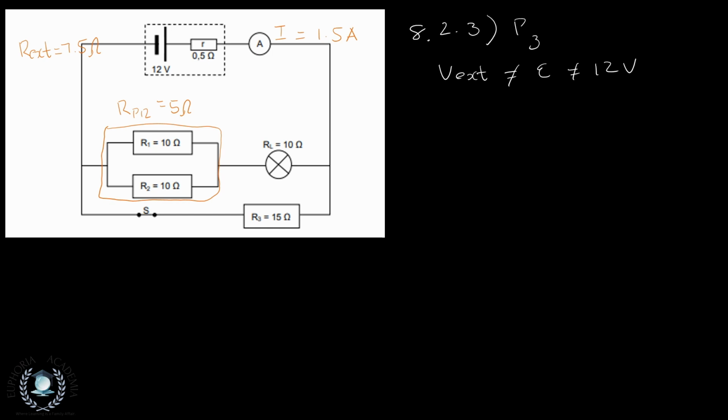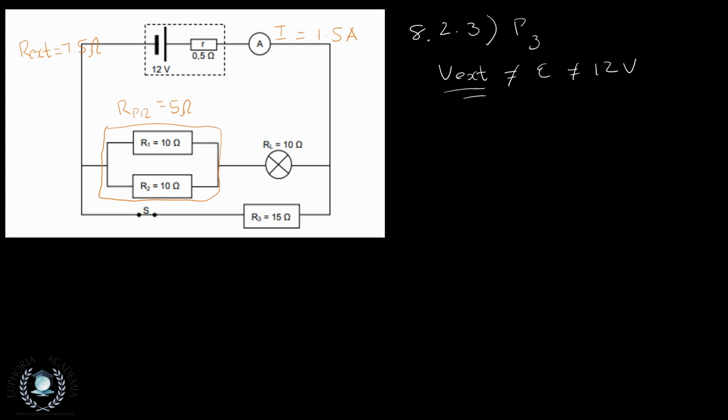We can't say that power is equal to V squared over R and use the EMF as V, because the EMF is the total amount of energy the battery can produce, but the battery also has a resistance in itself, so it's not going to deliver the full 12 volts. We still have to find what our V external is.